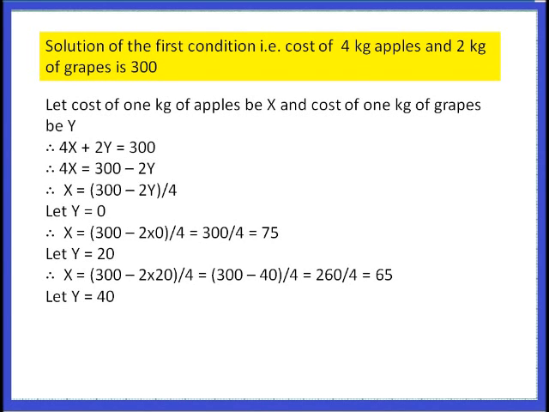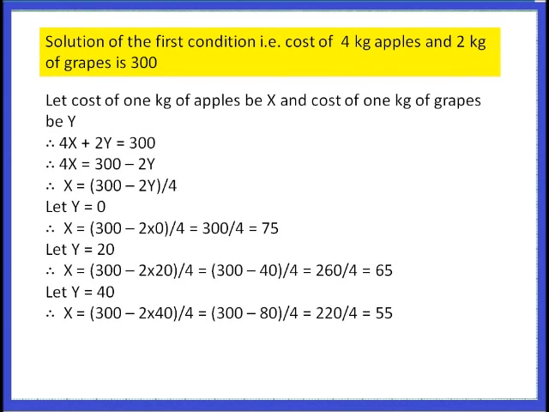Let y is equal to 40. Therefore, x is equal to (300 minus 2 into 40) divided by 4, that is 300 minus 80 divided by 4, which is 220 upon 4, which is equal to 55.